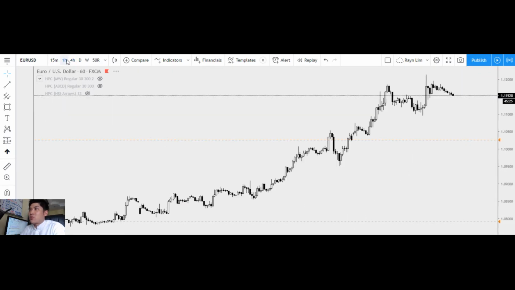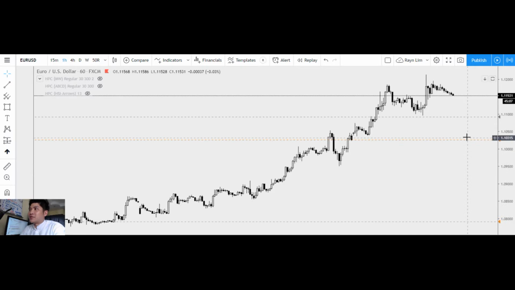Alright, so down to the 1-hour chart. The good thing for traders who are looking for a shorting opportunity is you can see that even on the 1-hour, the resistance holds up very well. The bad thing is I have not seen a break and close below the low, so I just don't want to get involved yet.